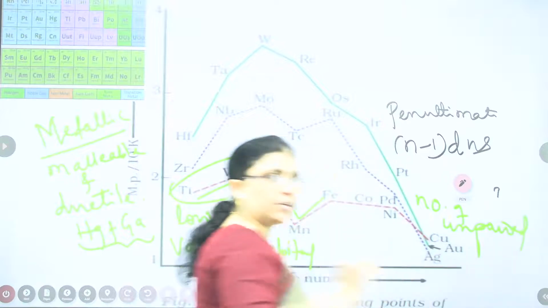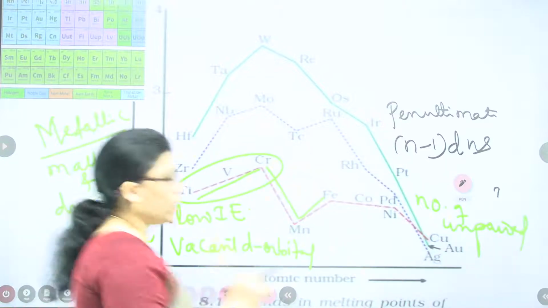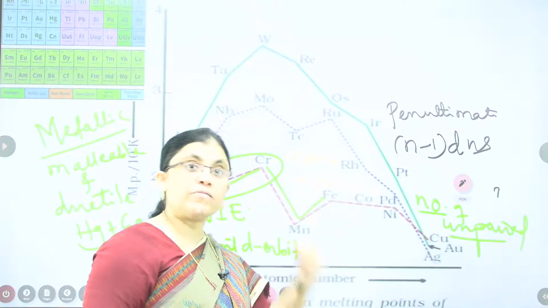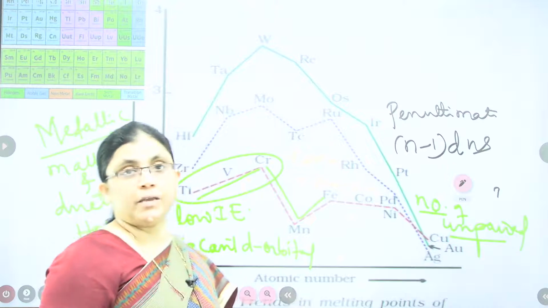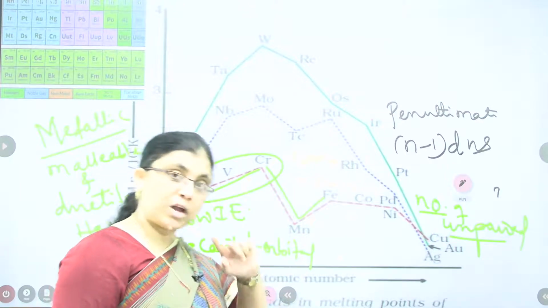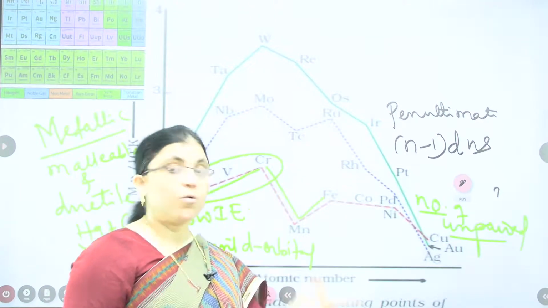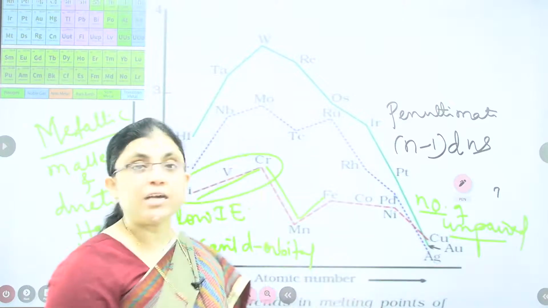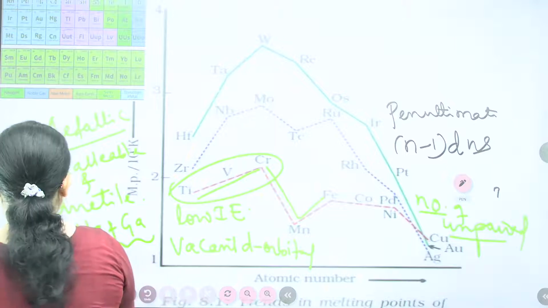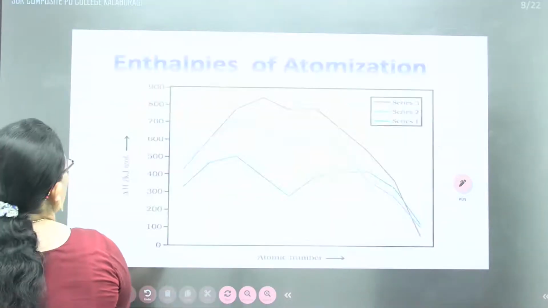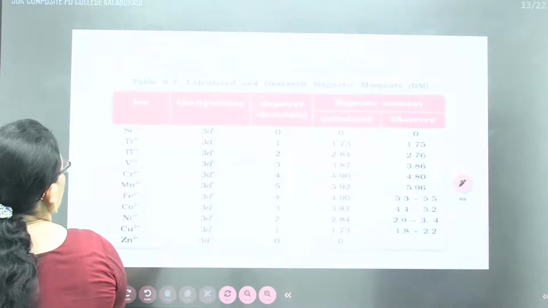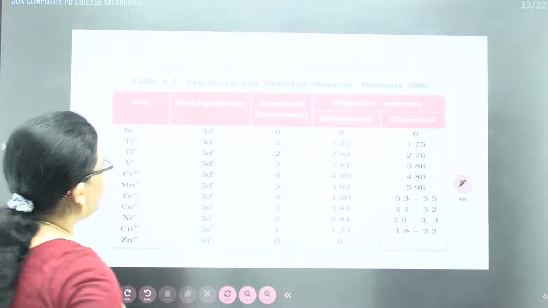Many of the characters in the d block elements are related with the number of unpaired electrons. The more unpaired electrons, the more metallic character, and the higher the melting point. You can see how the number of unpaired electrons is present here.